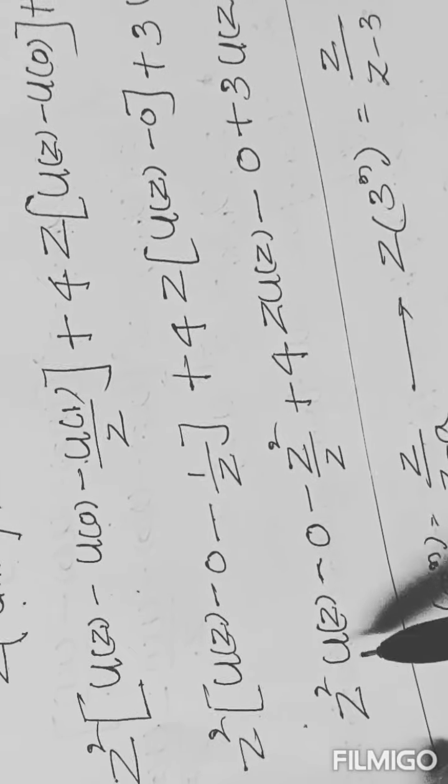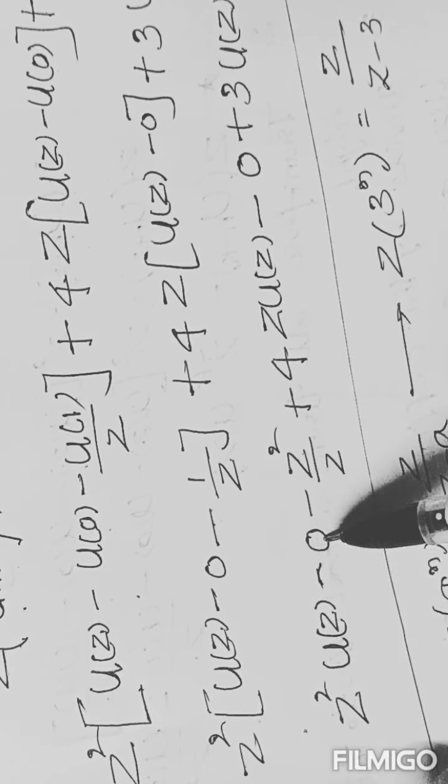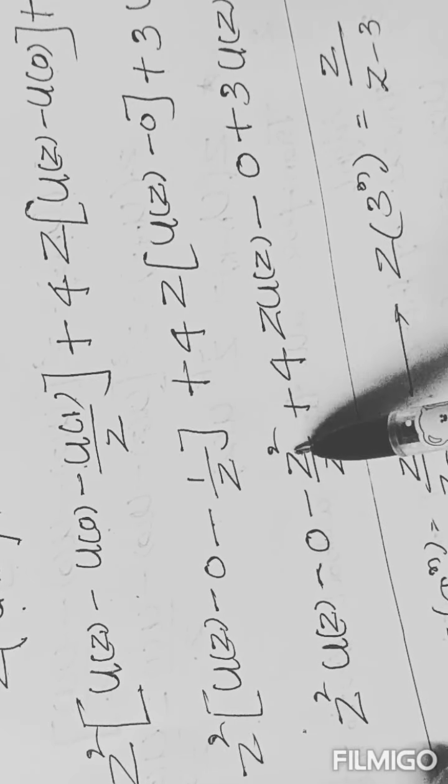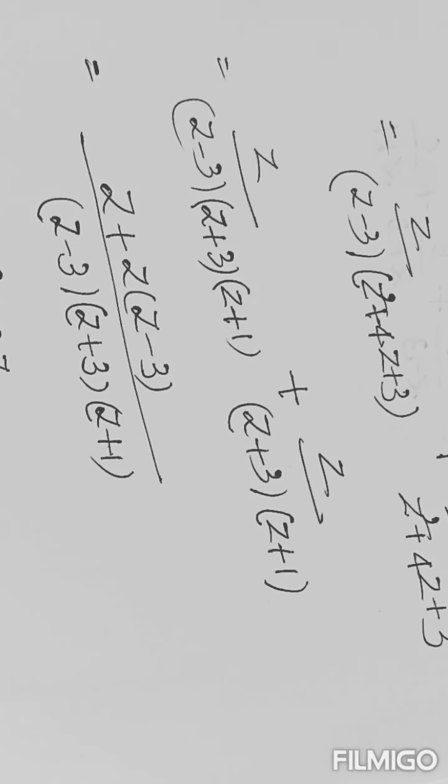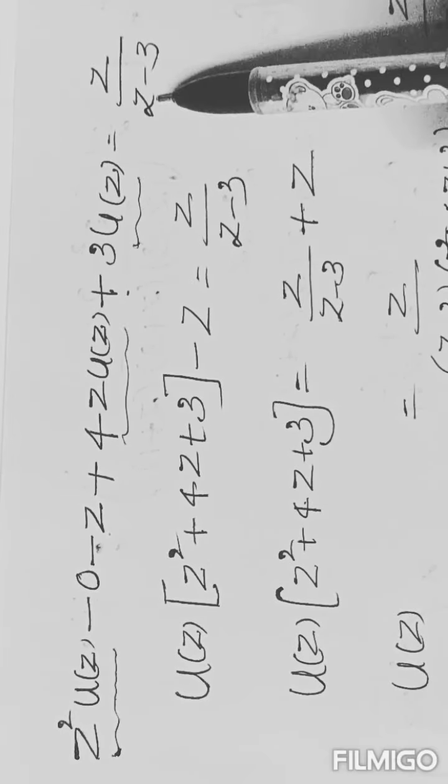After that, z square into the first term, z square into the second term, z square into the last term is z square by z, plus 4 into z U(z) minus 0, plus 3 U(z) equals z by z minus 3. After that, here z square U(z) minus 0 minus z plus 4z U(z) plus 3 U(z) equals z by z minus 3.